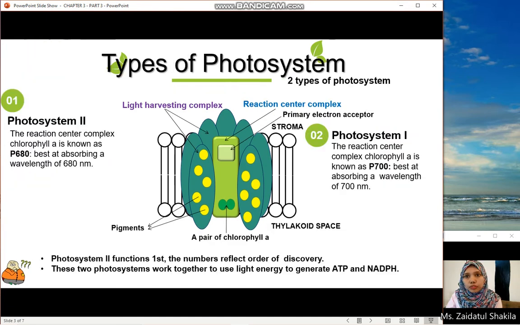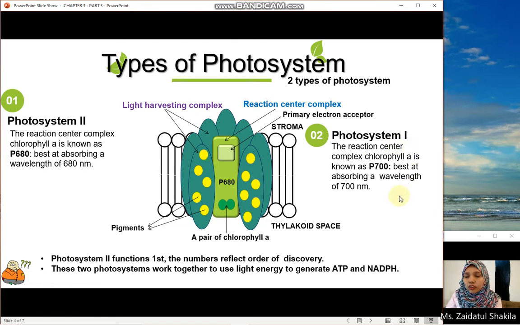There are two types of photosystem. Number one is photosystem 2. In photosystem 2, the reaction center complex chlorophyll A is known as P680, which means the reaction center complex is best at absorbing a wavelength of visible light at 680 nanometers. And number 2 is photosystem 1.